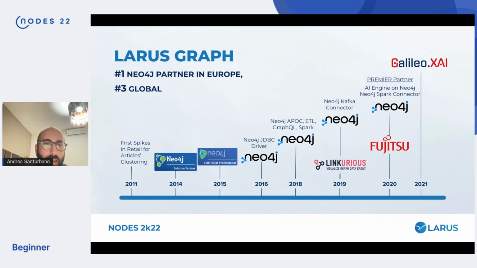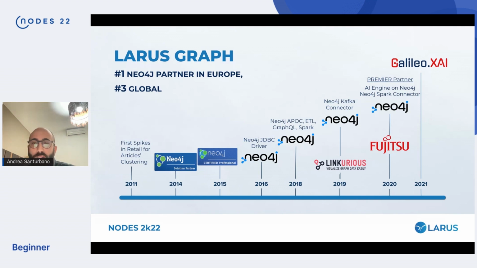In 2016 we built the official Neo4j JDBC driver, and in 2018 we did the APOC, the ETL tool, and the GraphQL JVM API. In 2019 we built the official Neo4j Kafka connector, and the next year the official Neo4j Spark connector.